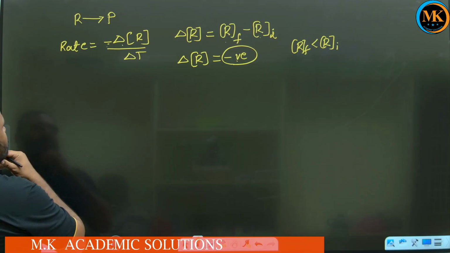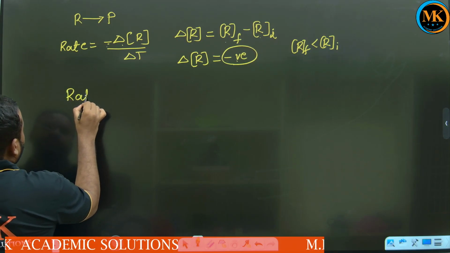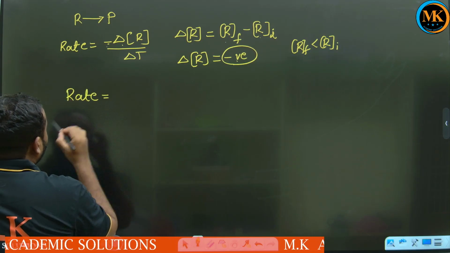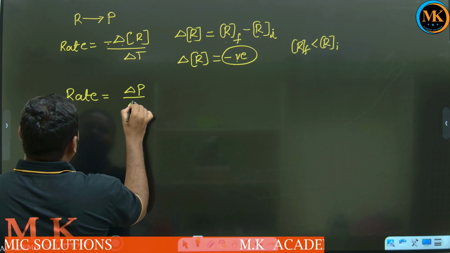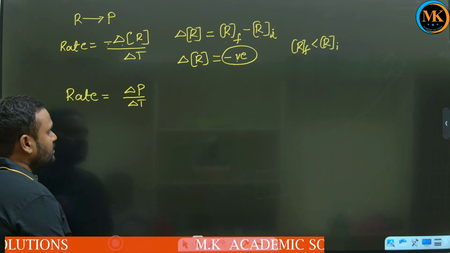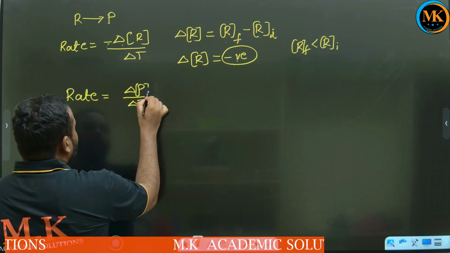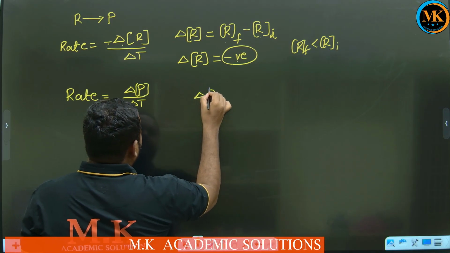Next, in case of product, rate equal to delta P by delta T. Why are we not writing the minus sign here?